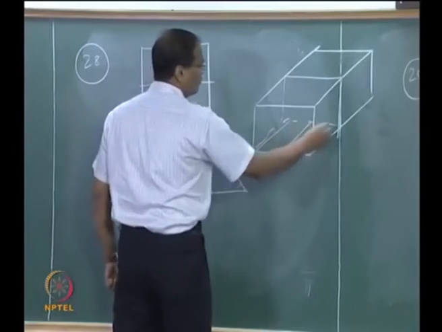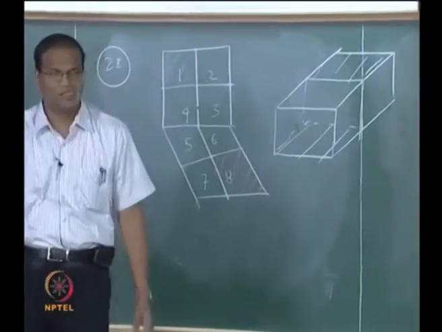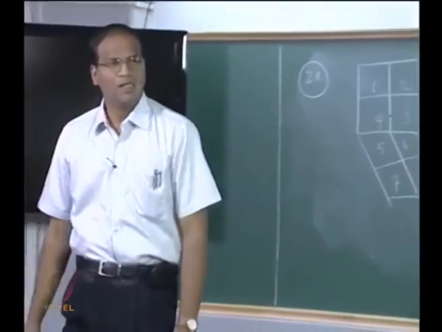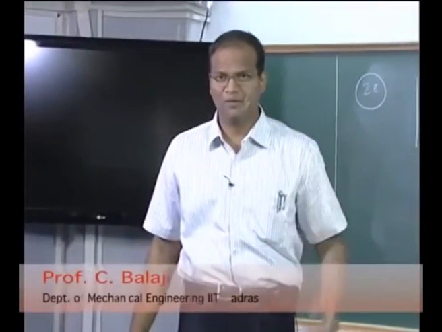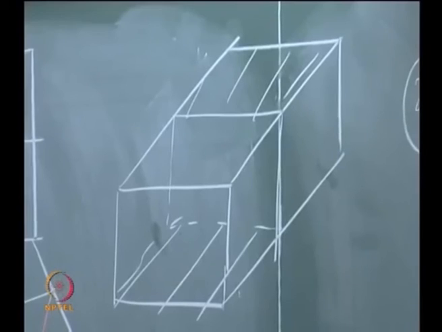I can ask you to find the view factor from this bottom to this top. Practical problem. One side is heated, on the other side you are keeping some material for heat treatment. What is the view factor? Okay.